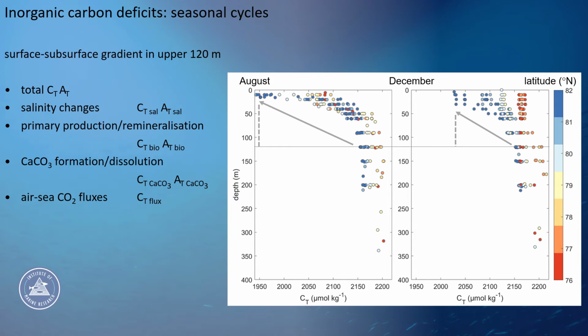Here we can look at the total change and split this into key driving processes, such as those resulting from salinity changes, those resulting from primary production and remineralisation, changes due to the formation and dissolution of calcium carbonate, and finally, residual changes on inorganic carbon due to air-sea CO2 fluxes.